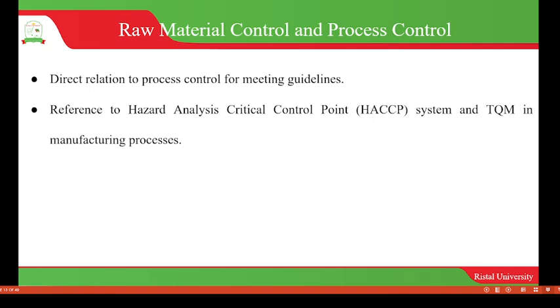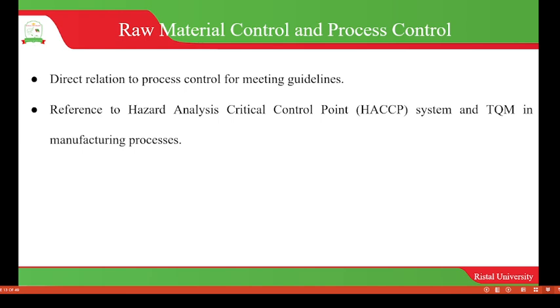Raw material control and process control. Raw material and process, these are directly related because the raw materials are the ones which are used in the process of developing or producing goods, products, or services.